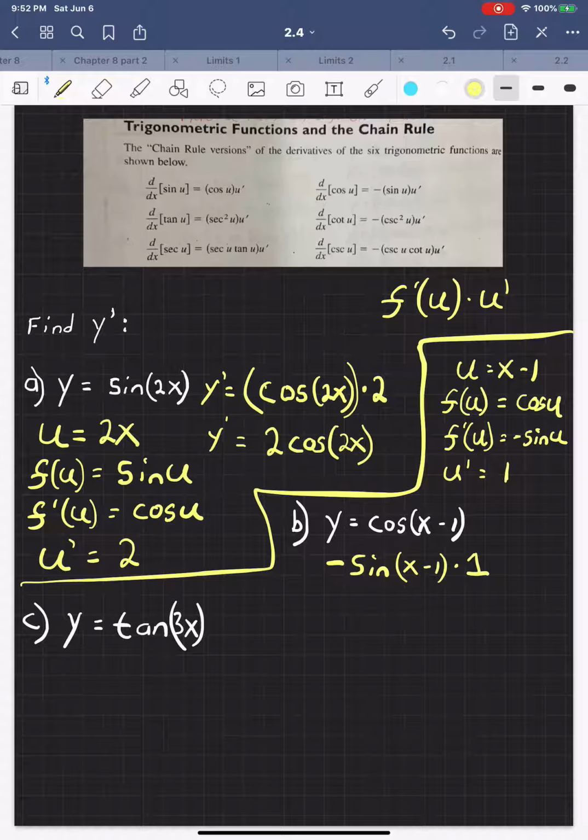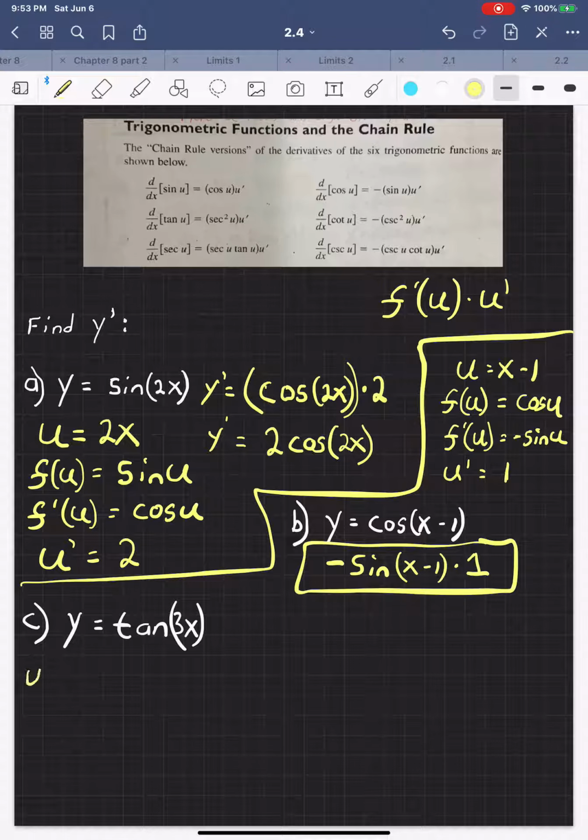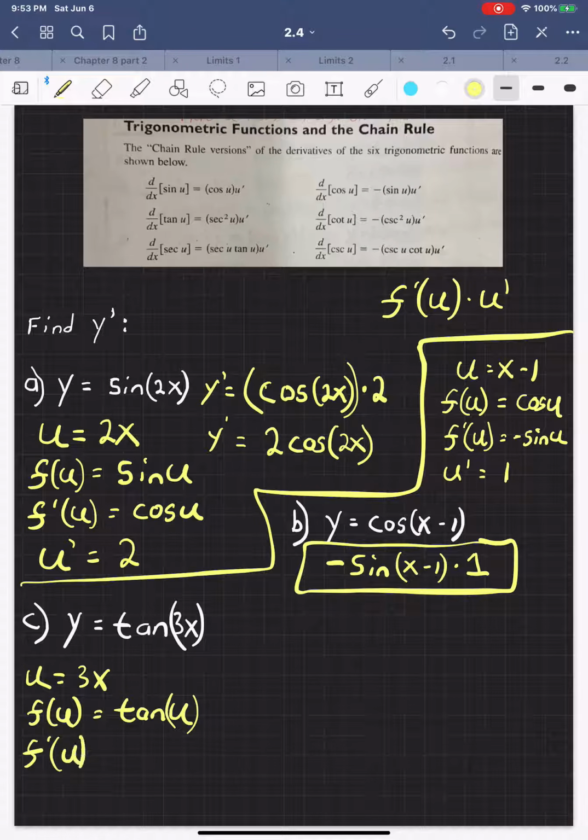Okay. So last one, tan of 3x. We would let u be 3x, and I'll go ahead and write all this out. So f of u would be tan of u, f prime, and u prime.